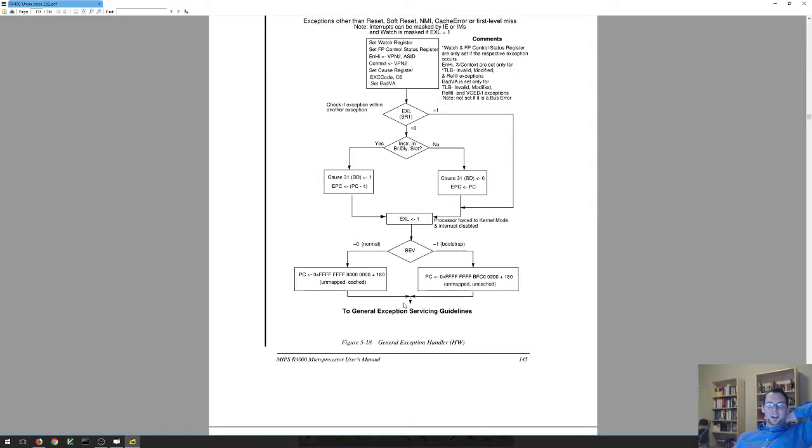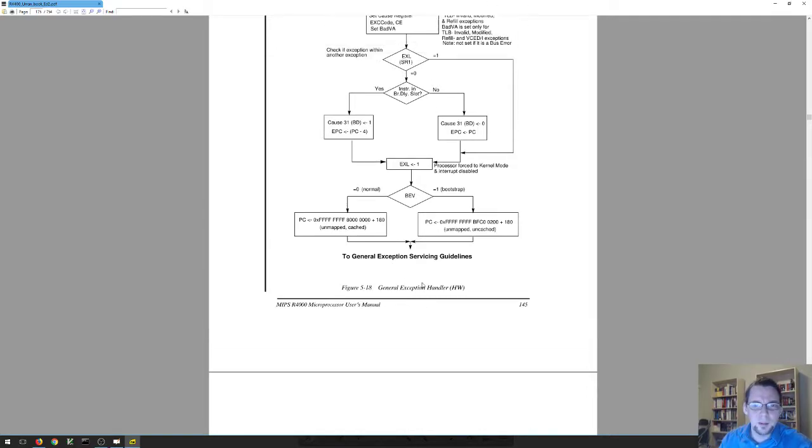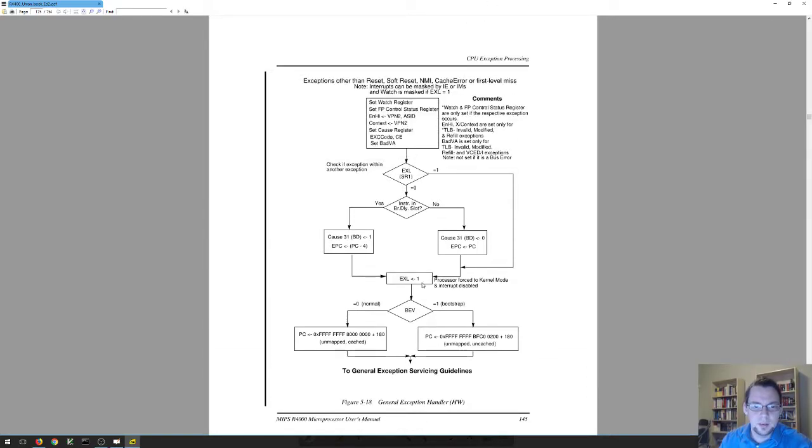Then it needs to figure out where to jump to. This PC goes to such-and-such, which is jumping to an exception handler. This is at startup, I believe. There's a separate register here for whether I'm doing bootstrap or not.